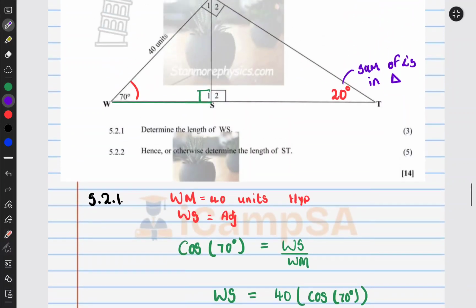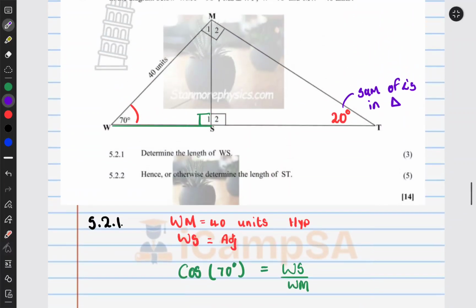Next, determine the length of ST. We have the length of 40 units, and now we are looking for the length of ST. In order to calculate the length of ST, we can calculate the side SM.